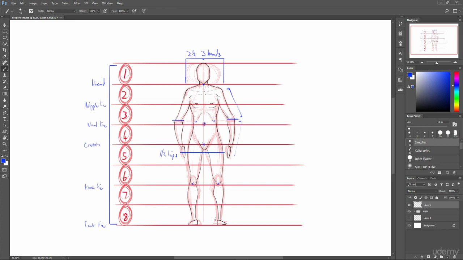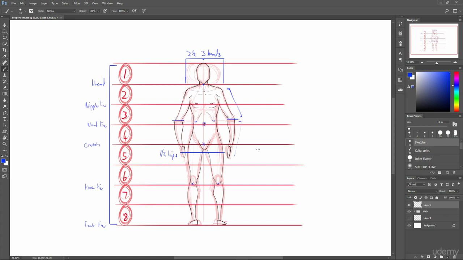However, we do have a question of gender and age differences, right? Particularly gender differences and age differences we'll cover later on in the course. But in terms of gender differences, instead of drawing out this entire 8 heads model again, having you learn another entire model of head proportions, I thought what would be much better is to just cover the key differences between male and female.